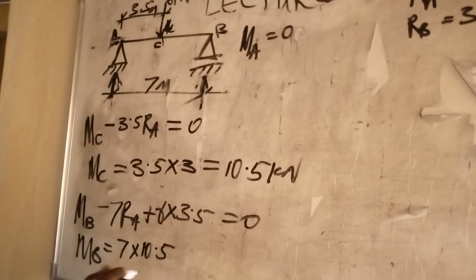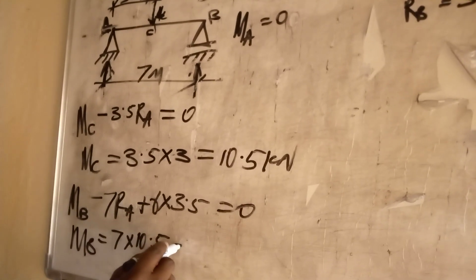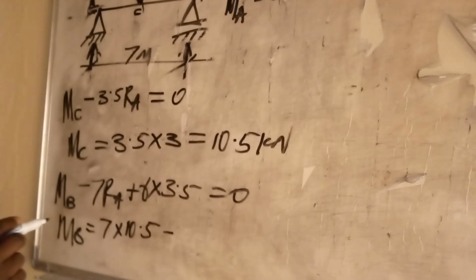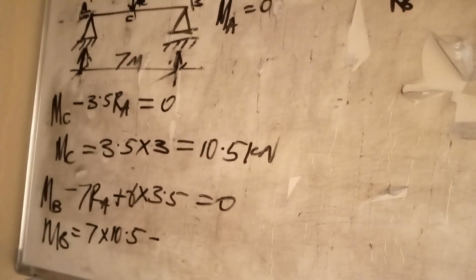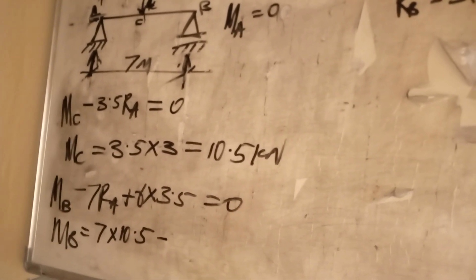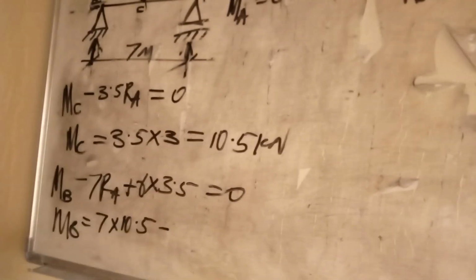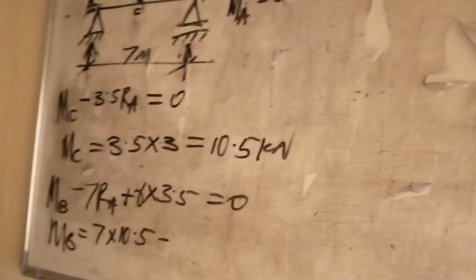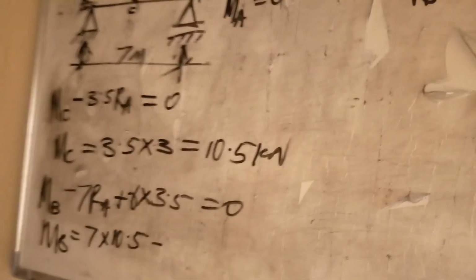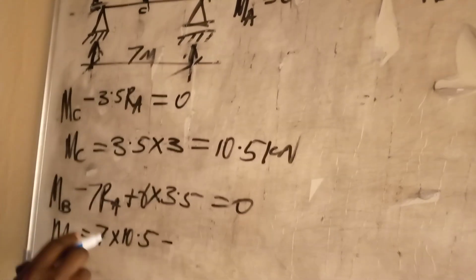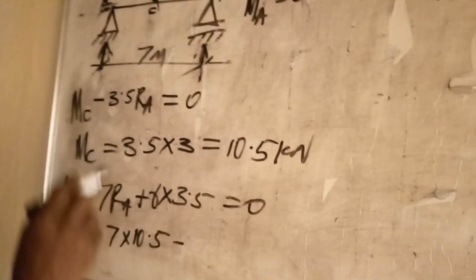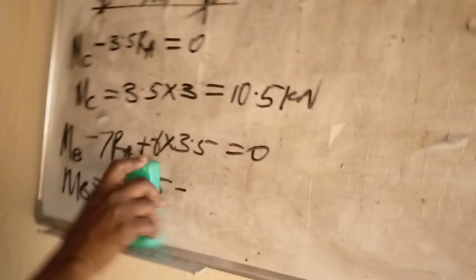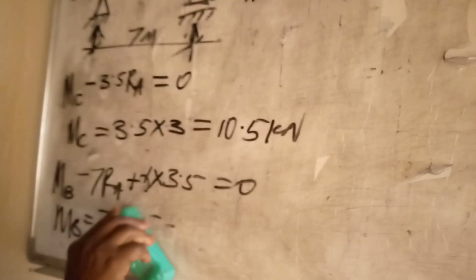So MB will be equal to 7 times RA minus 6 times 3.5. Sorry, RA is 3, not 10.5.